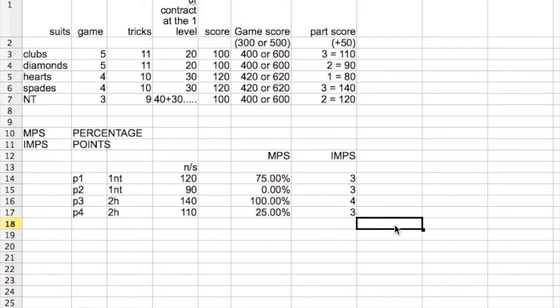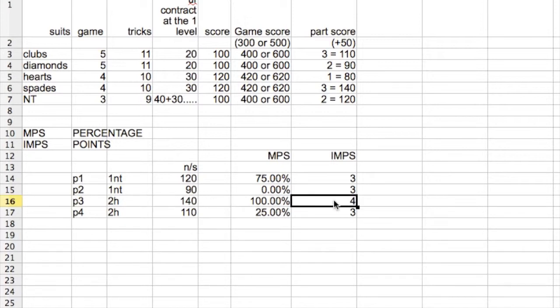Alright. Now look at the difference between MPs and IMPs. This is the beauty about MPs. That's why I love playing MPs. Overtricks count tremendously.